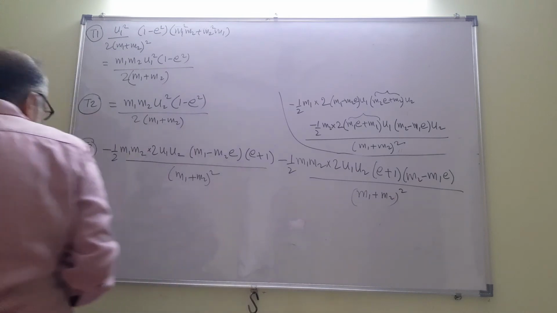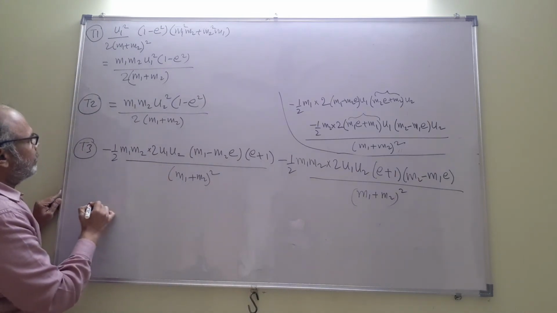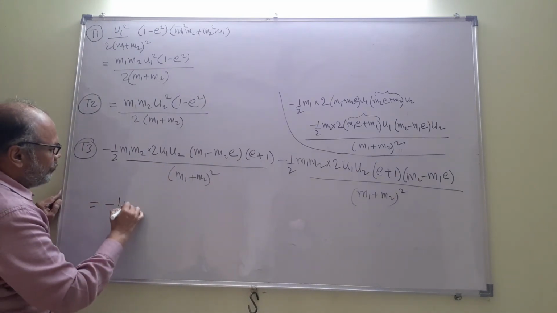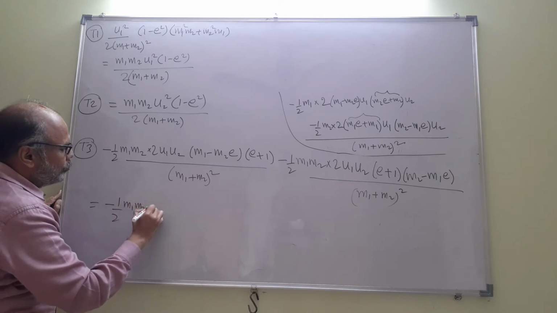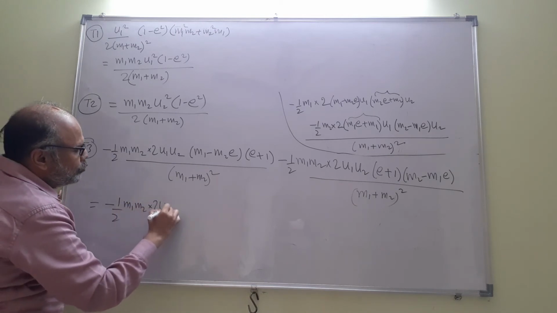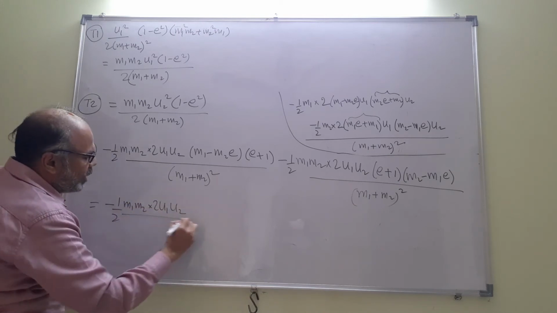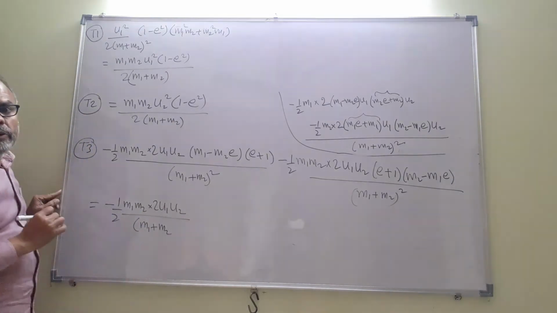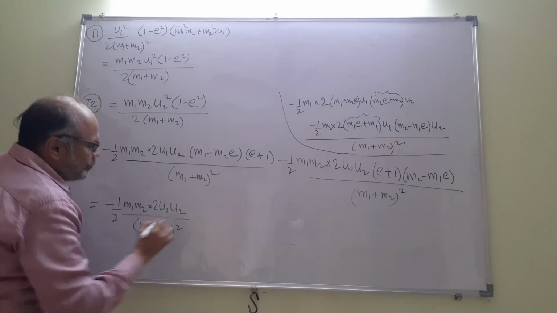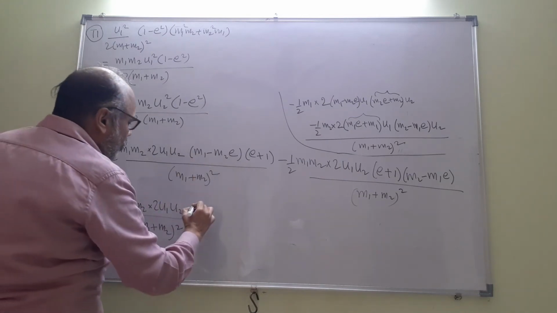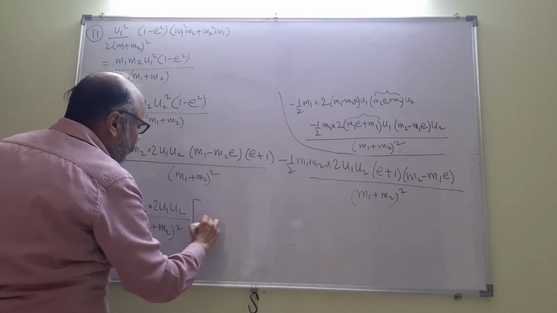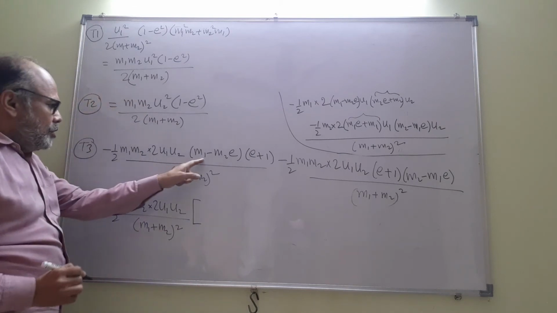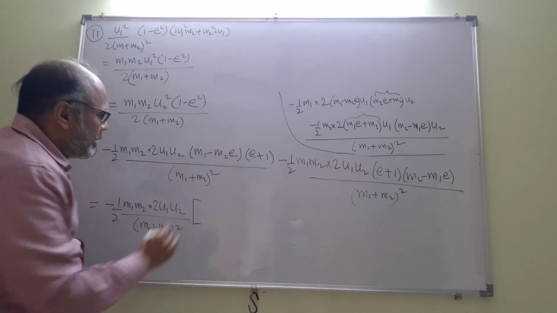So let's simplify this. We will take minus half m1 m2 into 2u1 u2 by m1 plus m2 the whole square as common, and what you are left with inside is the product of these two. Let's multiply that.